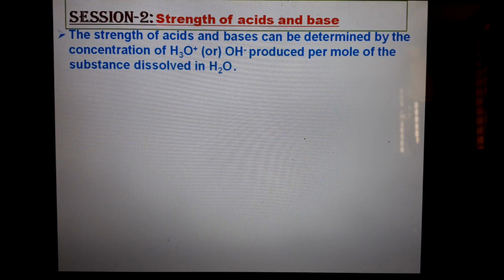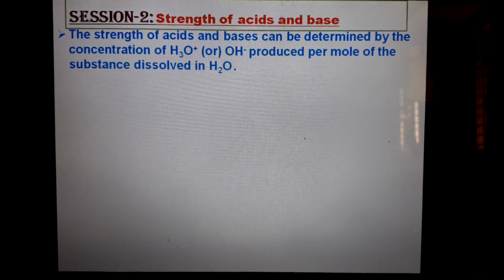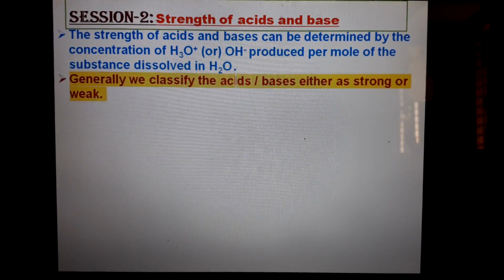They give the concentration, a concentrated solution. Generally, we classify acids and bases as either strong or weak.